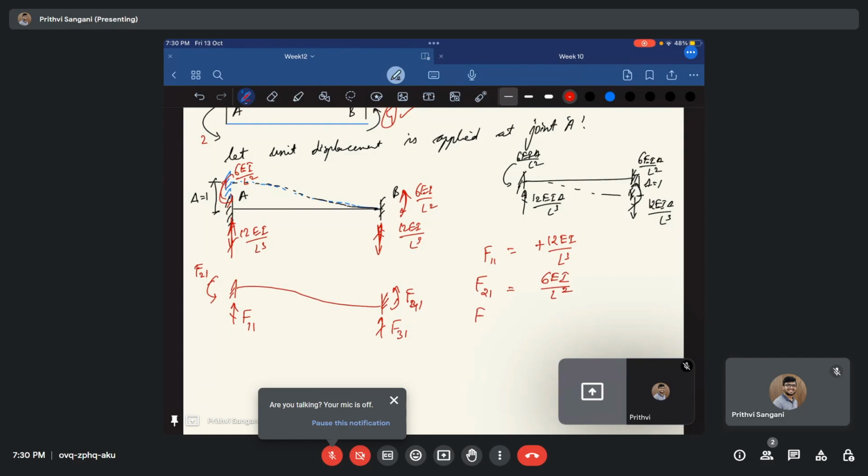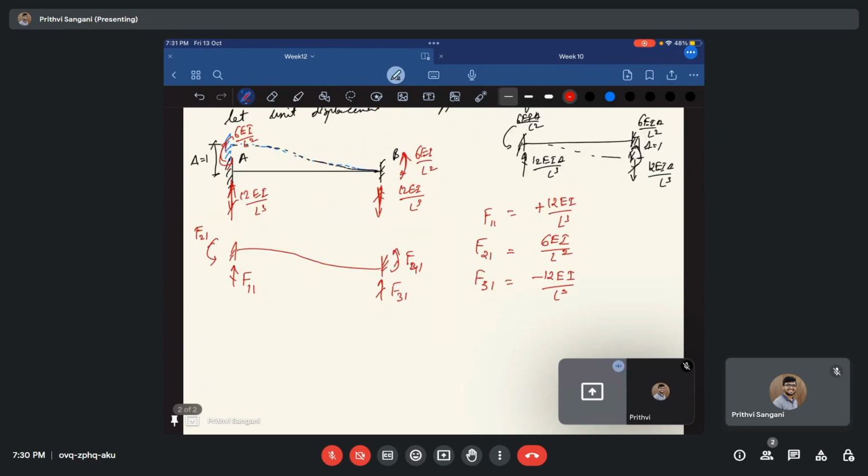F31 is downwards, so downwards it's negative, 12 EI by L cube. F41 is positive. So this is what we have obtained, this is the final equation which we have obtained.